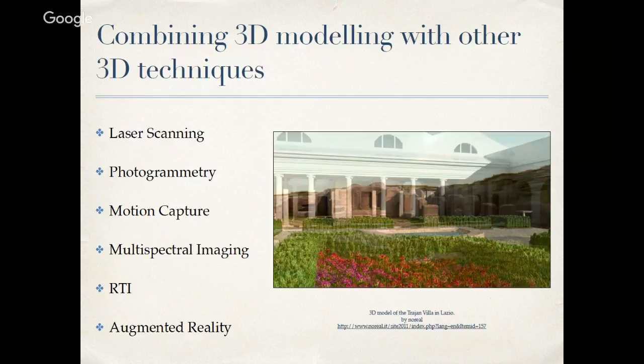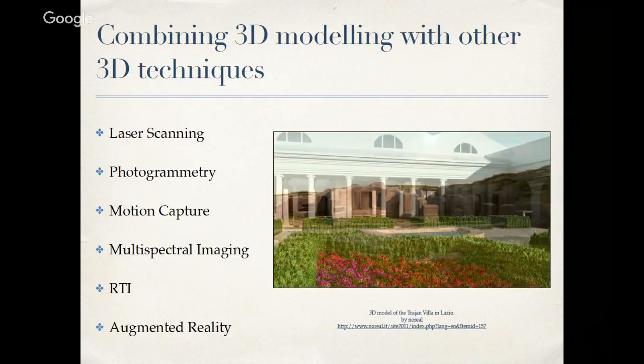And we could interact with the outcome of photogrammetry, as we will actually do during our exercise. So, for example, we could have a CAD model of the built environment and photogrammetry of the portable artifacts, of the smaller objects. We could interact with motion capture, for example, as in the projects that restored ancient Greek and Roman theater, where they used motion capture to simulate the presence of the actors in the ancient space.